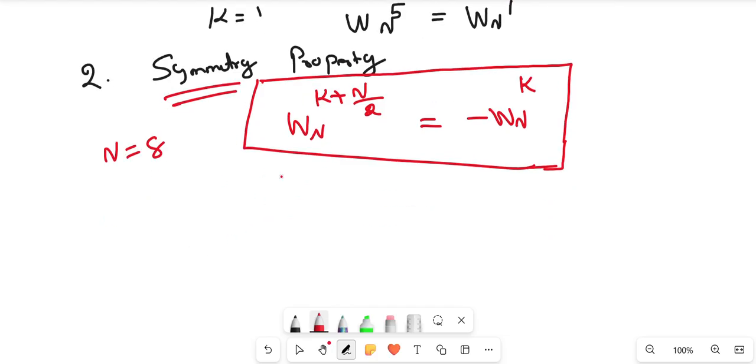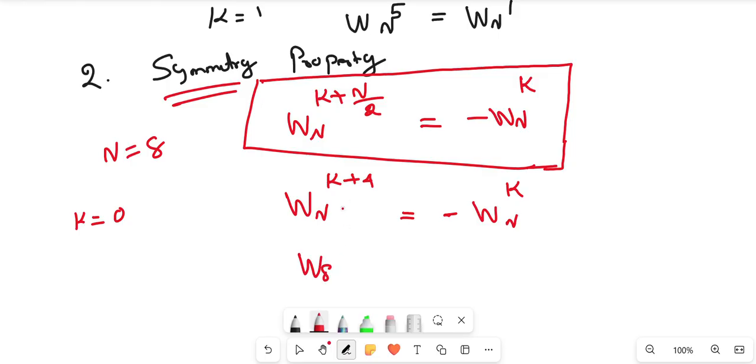N is equal to 8 means W_N power k plus N by 2, that is k plus 4, is equal to minus W_N power k. Now k equal to 0 means W power 4 is equal to minus W_N power 0.